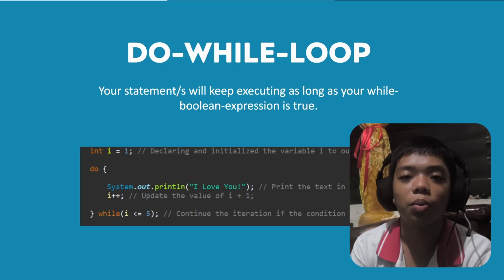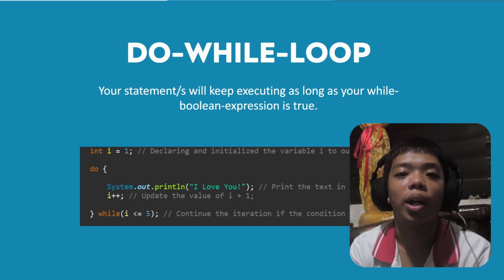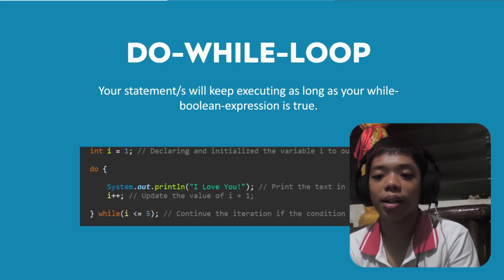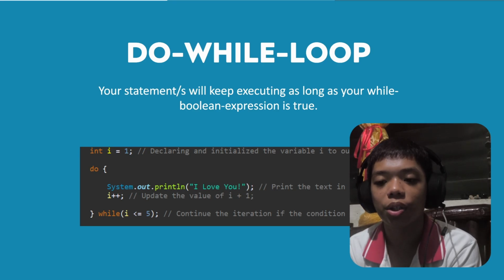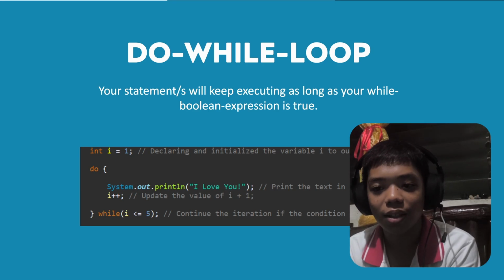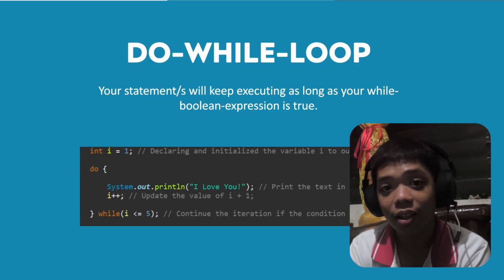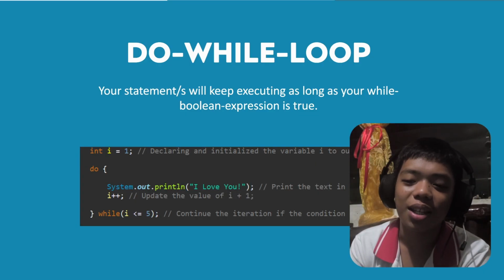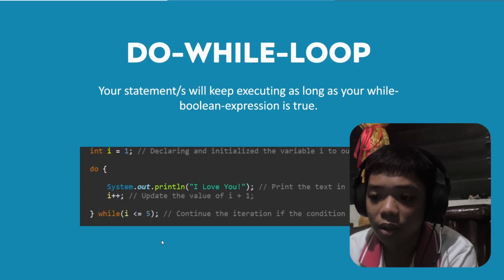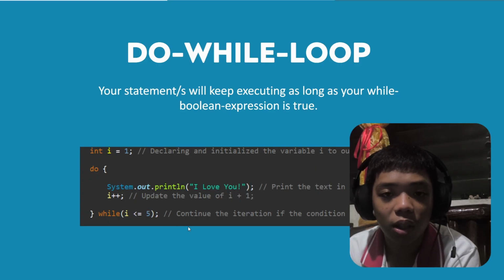So therefore, it will terminate the do while loop. The difference is that instead of the Boolean expression being on the top, it is on the bottom. And the do while loop has an extra syntax.